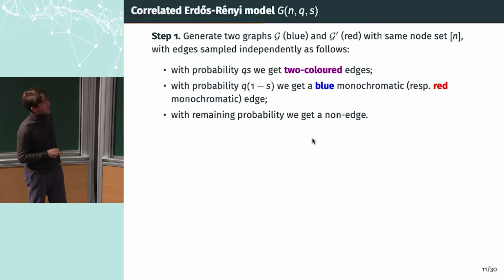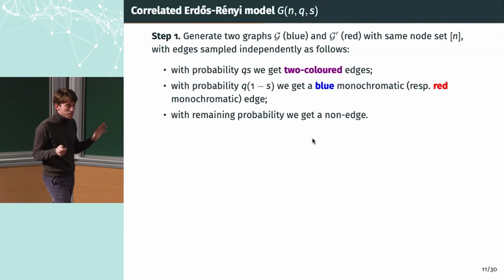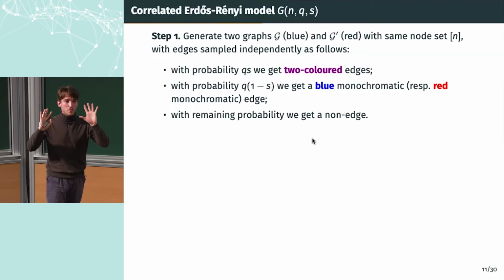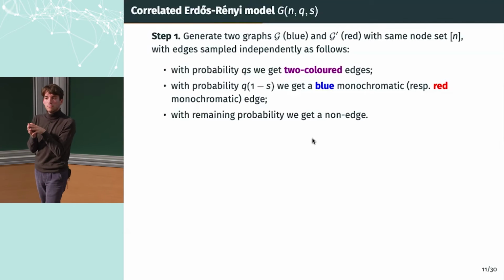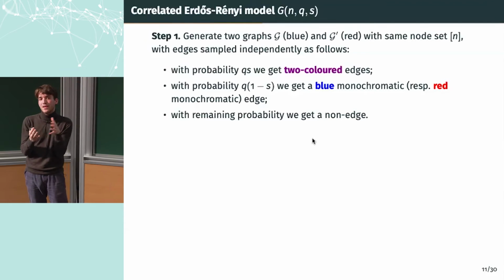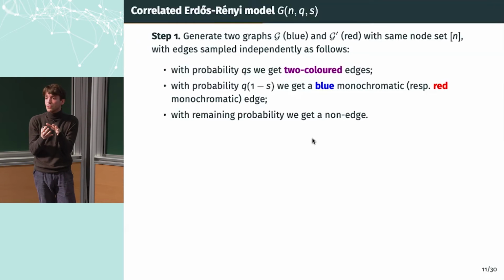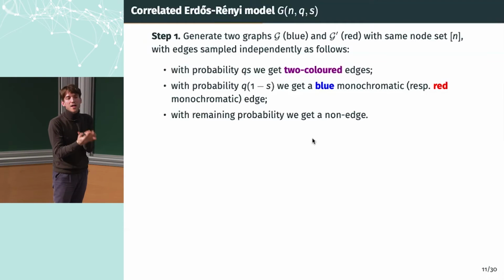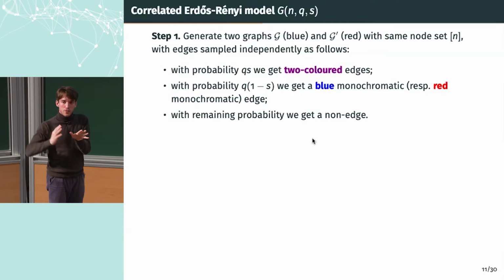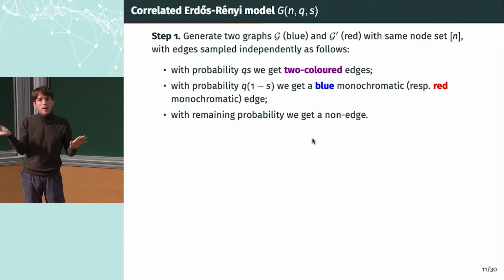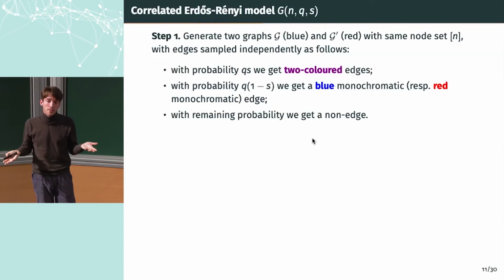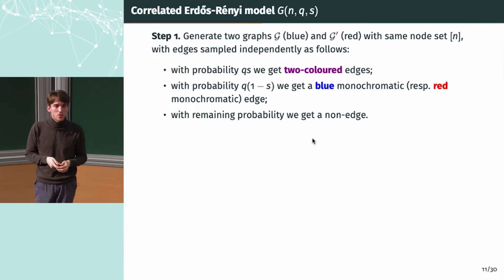I do this in two steps. First step is to generate two graphs that will be aligned and that will be correlated. They are correlated in the sense of edges. They carry a large intersection. Then second step, I take my two graphs and I relabel one of them according to pi star, which is the permutation that is the solution.